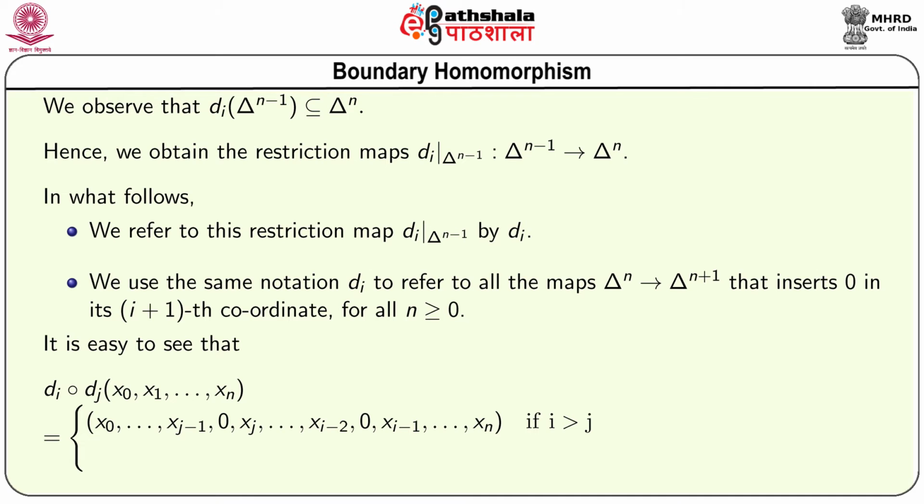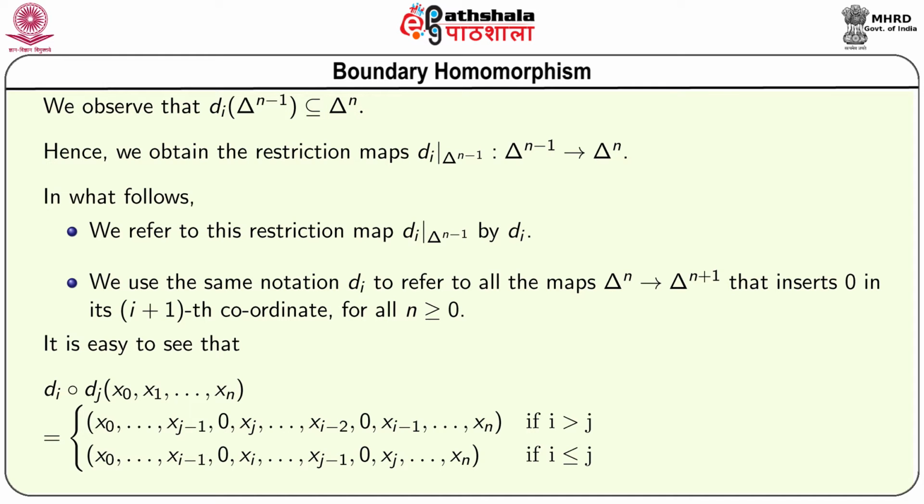Now, it is easy to see that d_i composed with d_j operated on (x0, x1, ..., xn) will have this as the output. What do I mean by that? If i is greater than j, then 0 will be inserted in two positions.